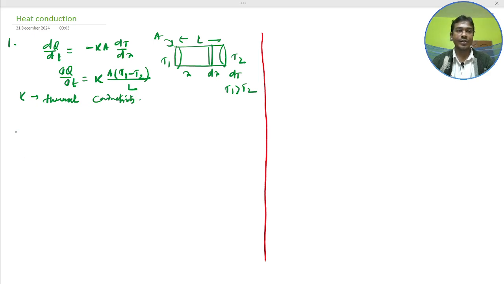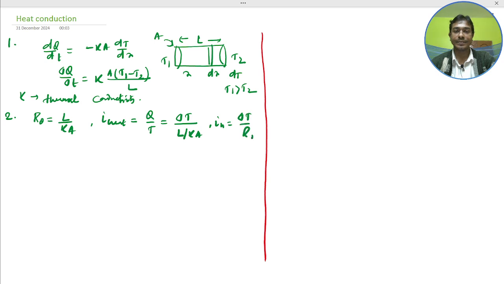Next, the thermal resistance. The thermal resistance R theta is defined as L by K A. This is called the thermal resistance, and the heat current I is equal to Q by t. Just put this value, del T by L by K A. So finally I heat would become del T by R T, where R T is the thermal resistance.